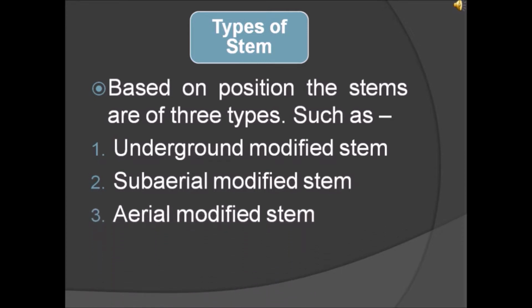Based on position, the stems are of three types, such as underground modified stem, subaerial modified stem, and aerial modified stem. But today we will learn about underground modified stem.